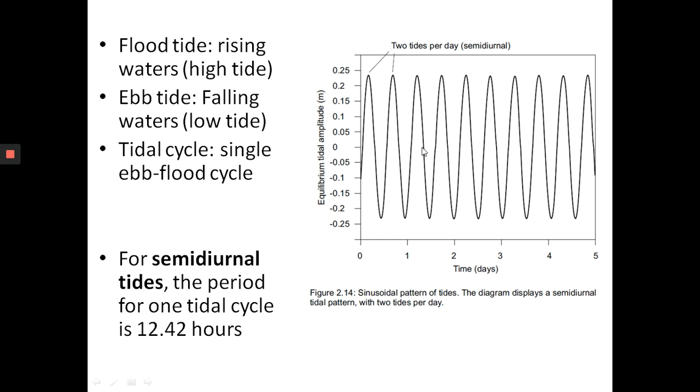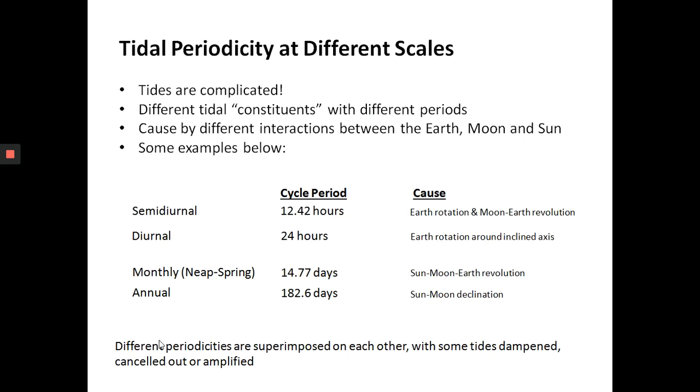And the cycle continues on and on again. A single ebb-flood cycle is called a tidal cycle, every 12.42 hours. So it should be two tides per day, and you have a tidal cycle every 12 hours and 25 minutes.